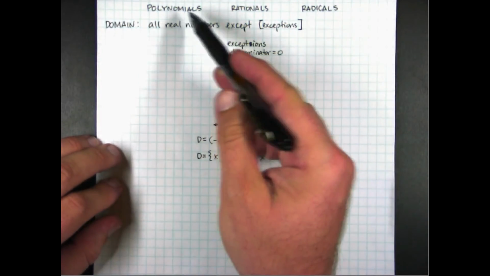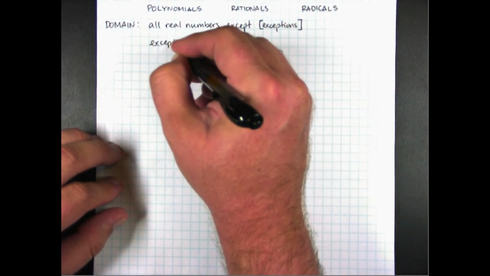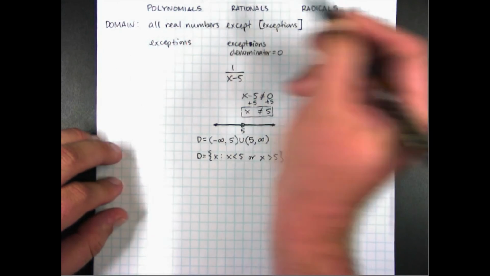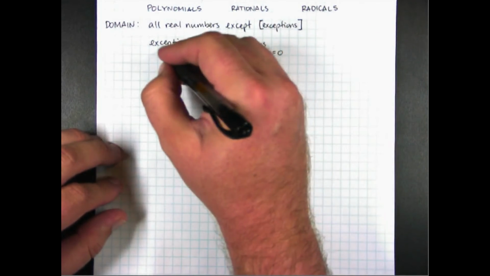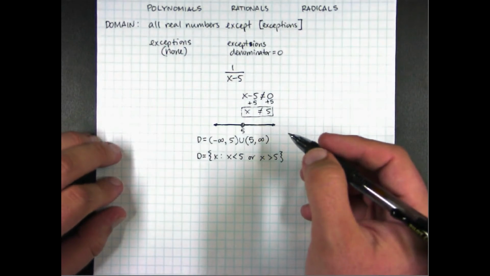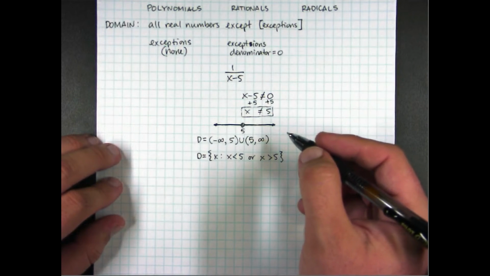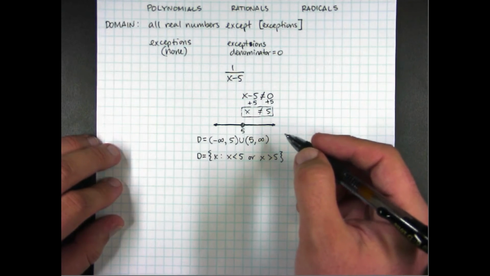The exceptions for polynomials are easy. What are the exceptions for a polynomial? Well, there are none. There's no real number that I can put into a polynomial that will give me an invalid answer.